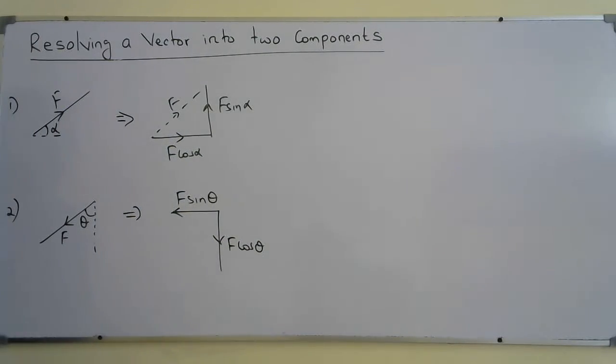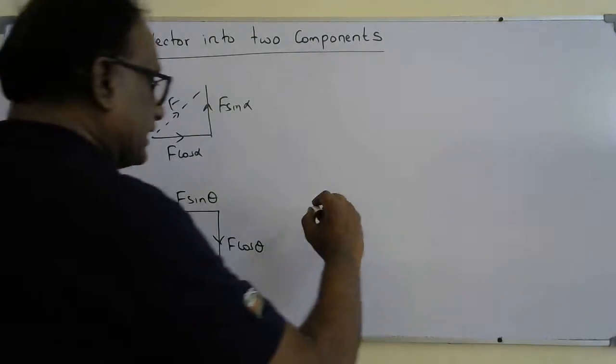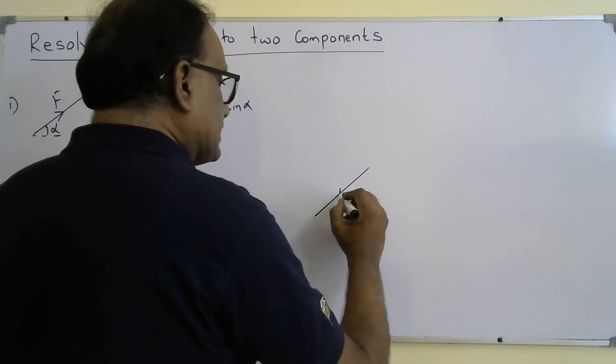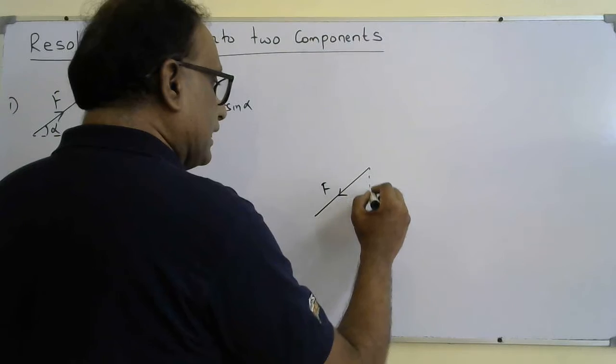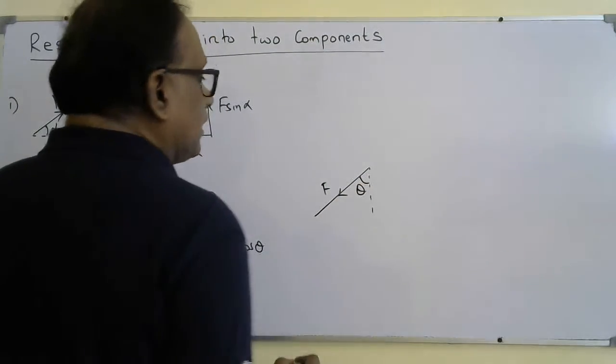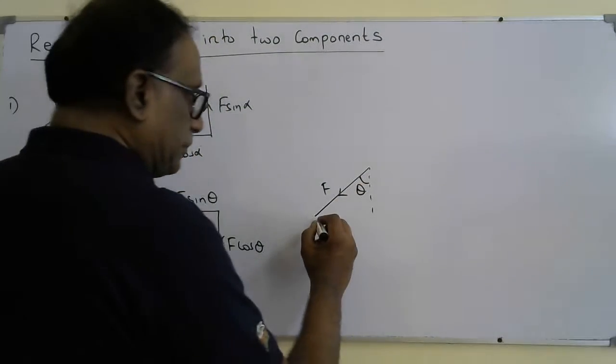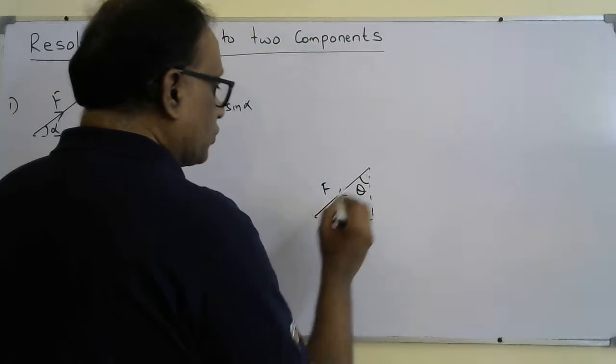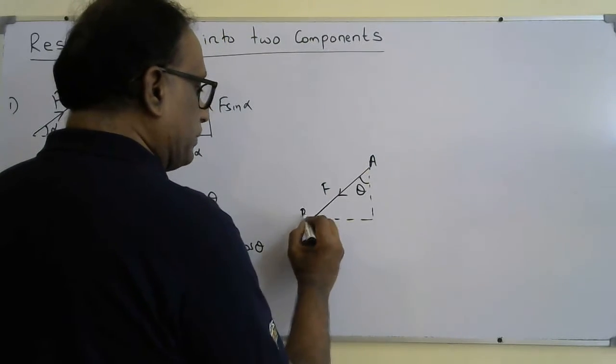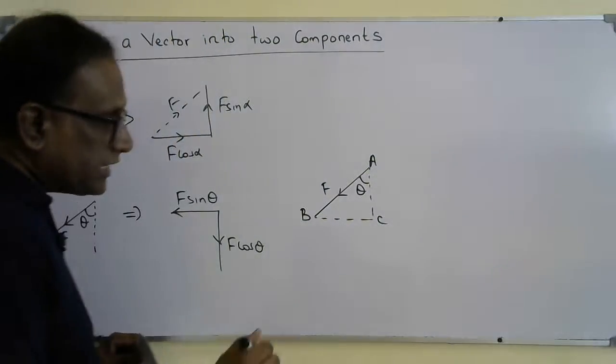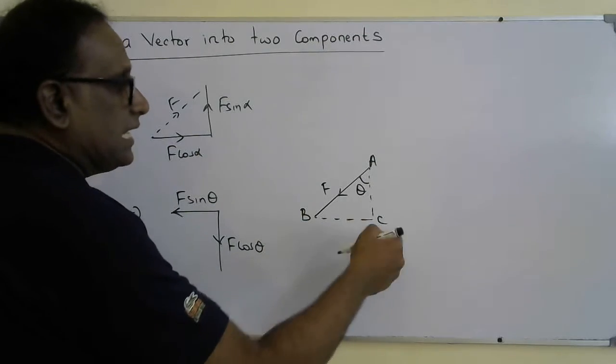I'll explain again in terms of geometry. This is F, this is the angle theta. Complete a right angle triangle about it and name it A, B, C. The horizontal component is the line CB.